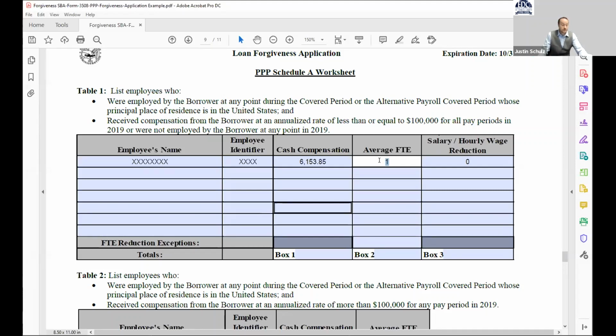One would be the 30 hours divided by 40, then this would be 0.75. And the other one was anybody working 40 or more hours per week is 1, and anybody working less than that would be 0.5. And so you would get to choose whichever one was more favorable for you. But in this case, it's just 1.